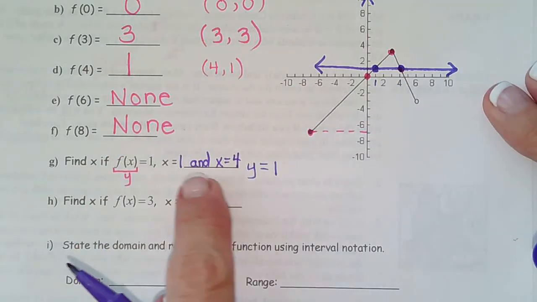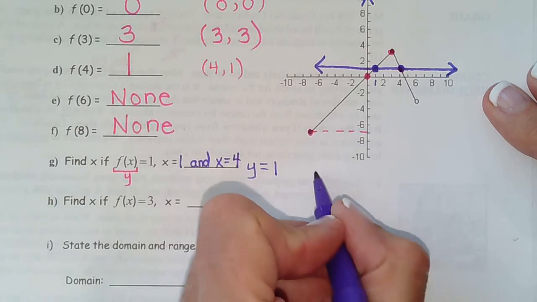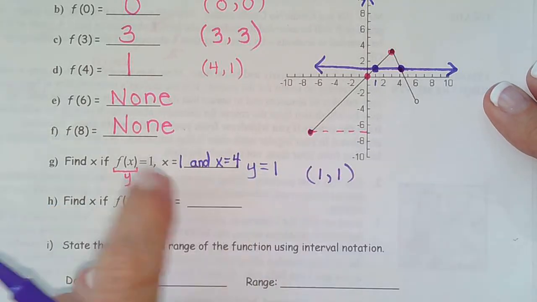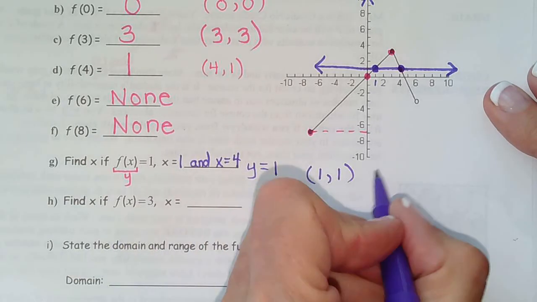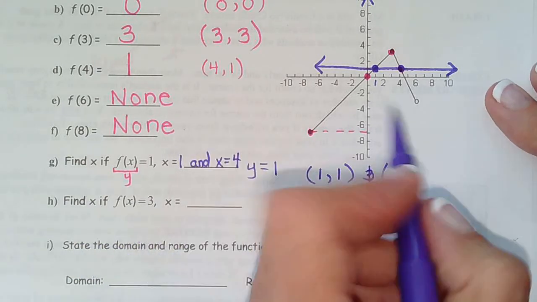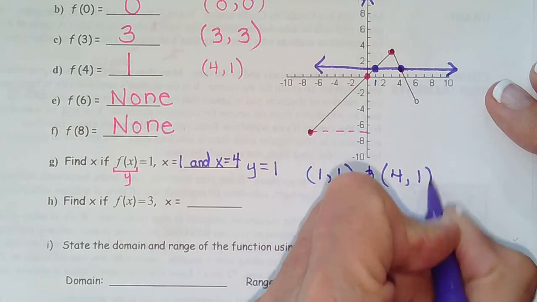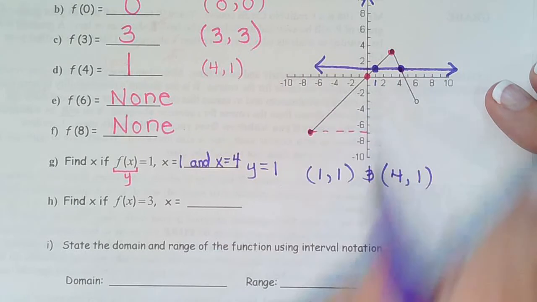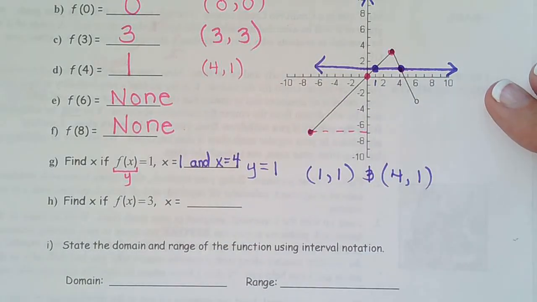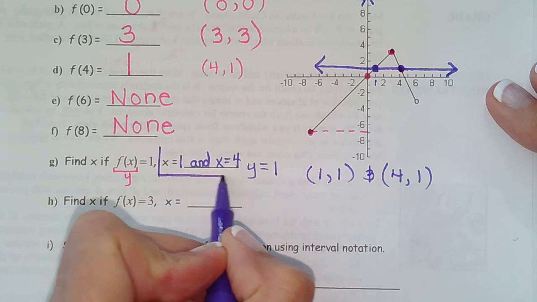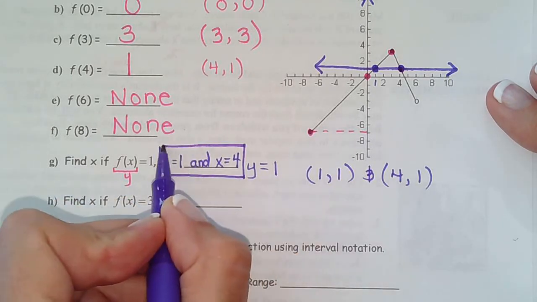So what that means is the point 1, 1, where should I put it? Right here. Should be on the graph when X is 1, Y is 1, and the point 4, 1 should be on the graph. So is 1, 1 on the graph? Yes. Is the point 4, 1 on the graph? Yes. So those are my answers. X equals 1 and X equals 4.